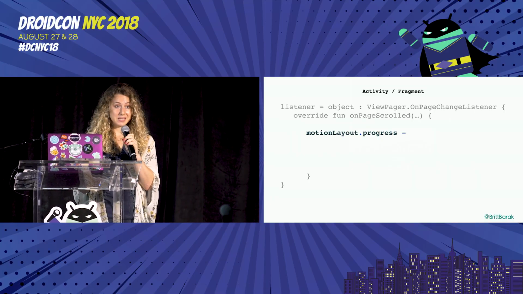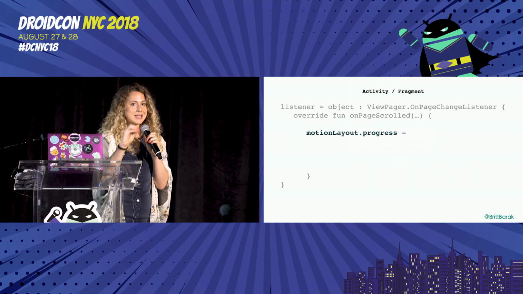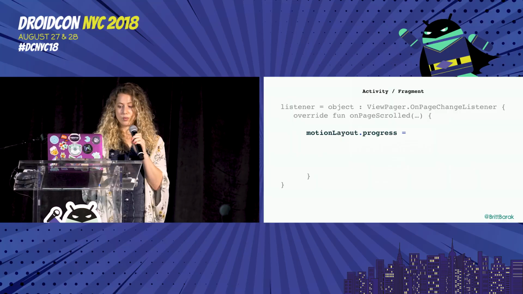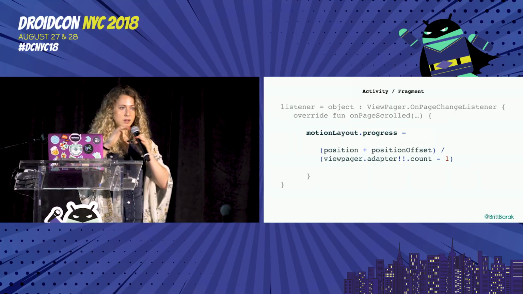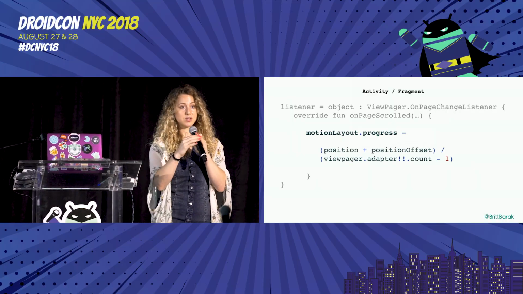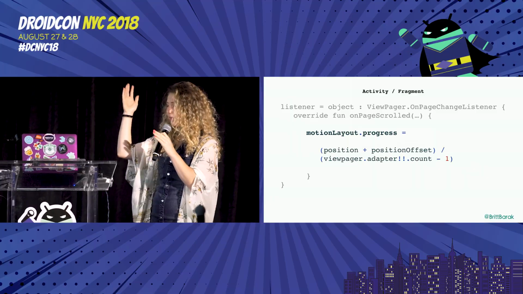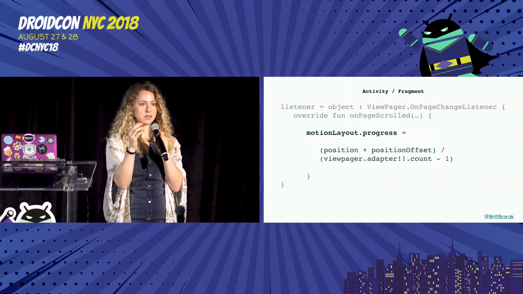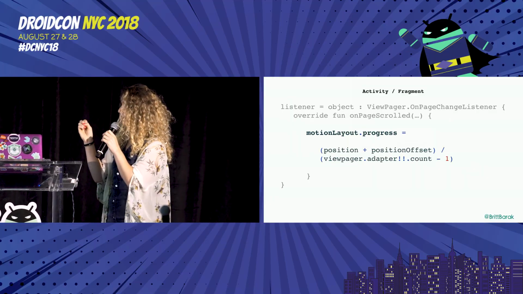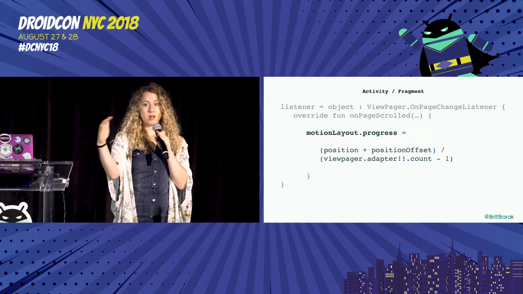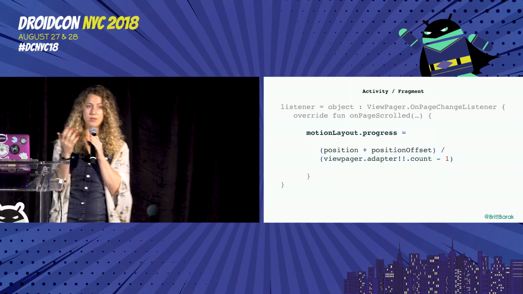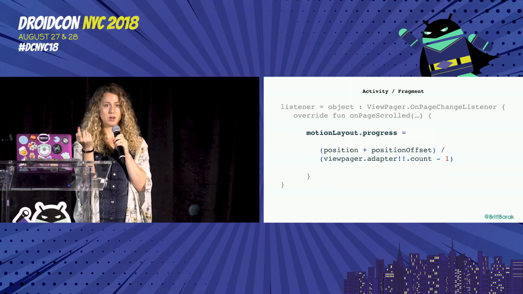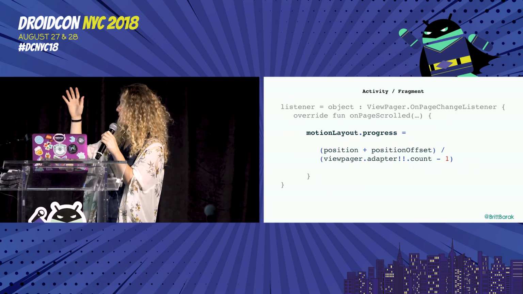So I define, please, motion layout, set your progress into the right place, and the method is pretty easy. It just means the percentage of the motion. So we have 3 views, 3 pages.